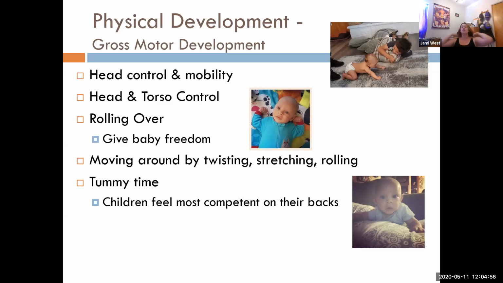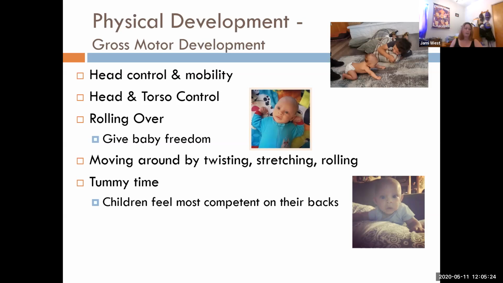That is the first non-reflexive physical ability that they develop, is head control and mobility. That typically happens right around 6 to 8 weeks, where they're able to hold their head up when you hold them, and then start to move from side to side, okay?